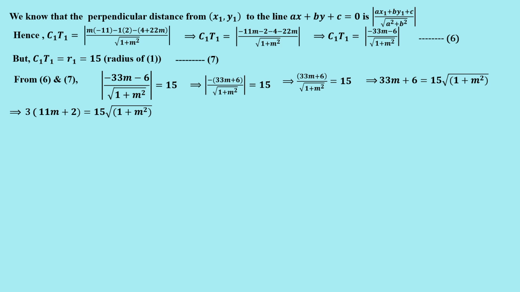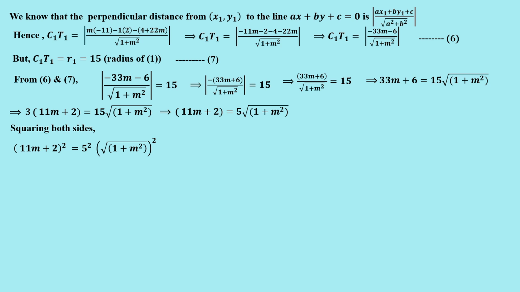Taking 3 common, 3(11m + 2) equals 15 root of 1 + m square. 3 and 15 get cancelled, so 11m + 2 equals 5 root of 1 + m square.